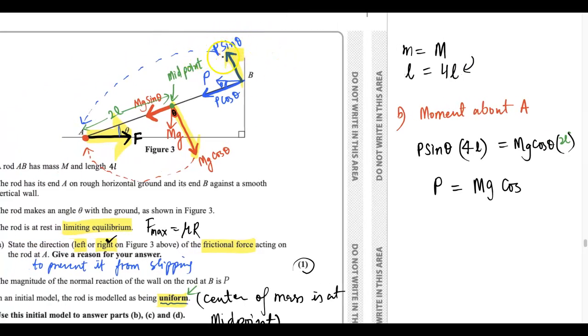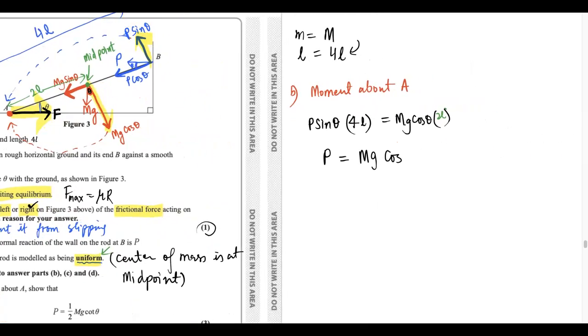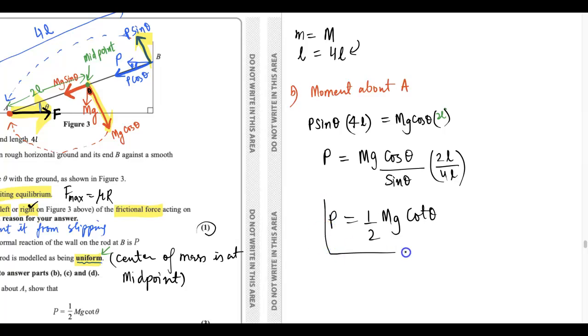P sin theta and the perpendicular distance, this whole distance, is 4L and that is 2L. So mg cos theta over sin theta, times 2L over 4L, which gives us half. So we can write half mg cot theta. This is the value of P.